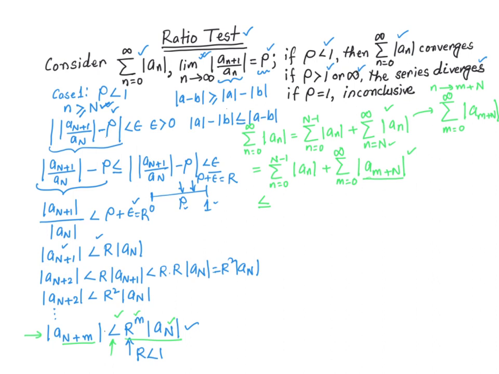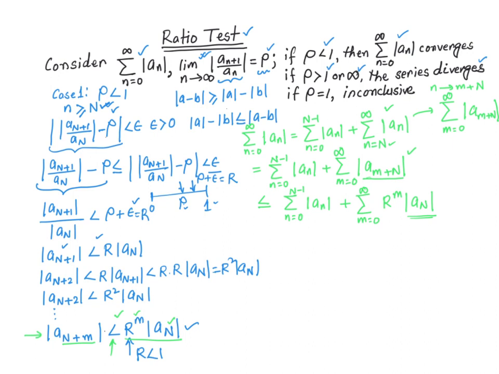We are still good, right? Summation n equals 0 to capital N minus 1 of the absolute value of a sub n, plus summation m equals 0 to infinity of r to the power m times the absolute value of a sub capital N. So this is fixed from now on. That's the key understanding here.